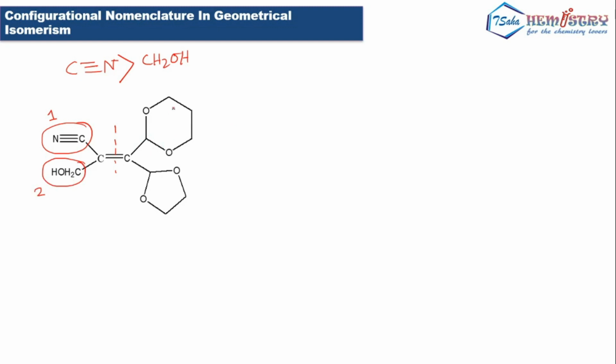Now what about this particular thing? If you break down this structure, you get a carbon, then after this carbon you get oxygen, then carbon, then carbon, then oxygen, then carbon. Now move to the other side: oxygen, then carbon, then carbon, then carbon, then oxygen, then carbon.